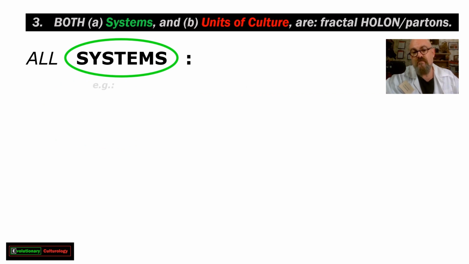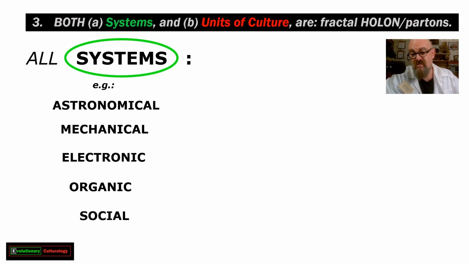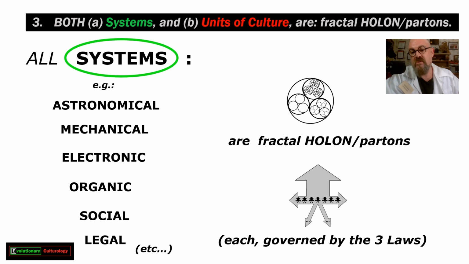All systems, whether they be astronomical systems such as universes or galaxies or solar systems, mechanical systems such as cars and computers, factories, electronic systems, organic systems such as plants, animals, human animals, social systems, whether they're families or institutions, legal systems, etc. They all are fractal Holon partons, and they're all governed by the three laws, scientifically speaking.